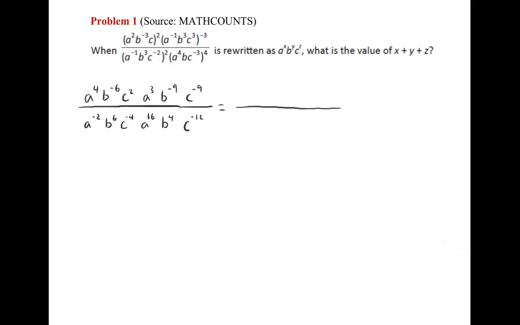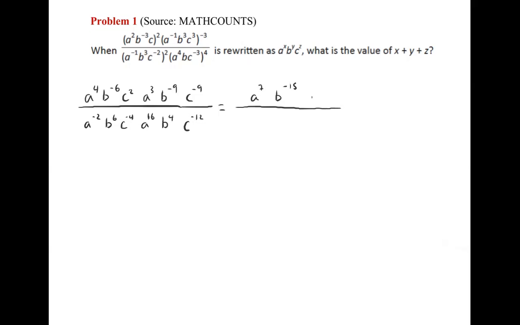So for the numerator, we're going to combine the a's. Since they're multiplied together, we want to add the exponents together. So for a, 4 plus 3 is 7. For b, negative 6 plus negative 9 is negative 15.